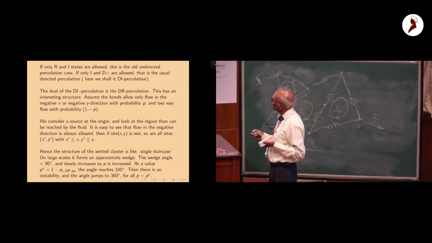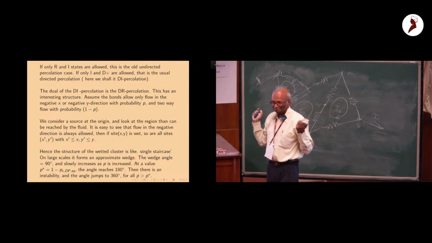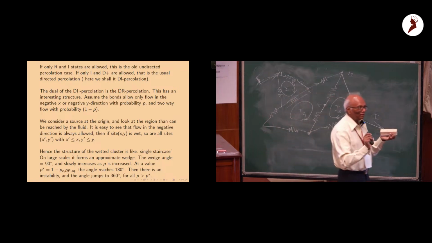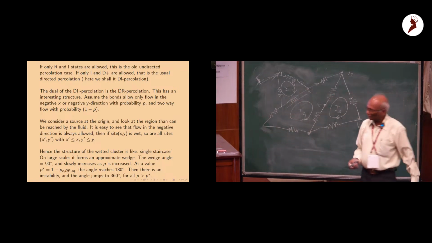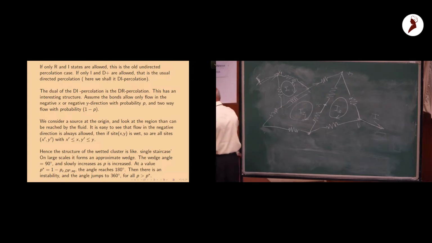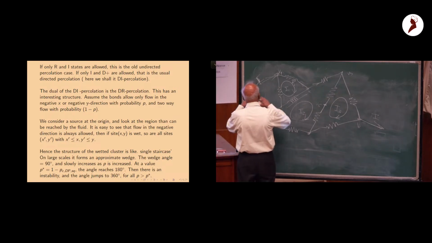So the dual of the DI problem is a DR problem. So let us start with this sentence. So I start with the problem which is the diode insulator network.